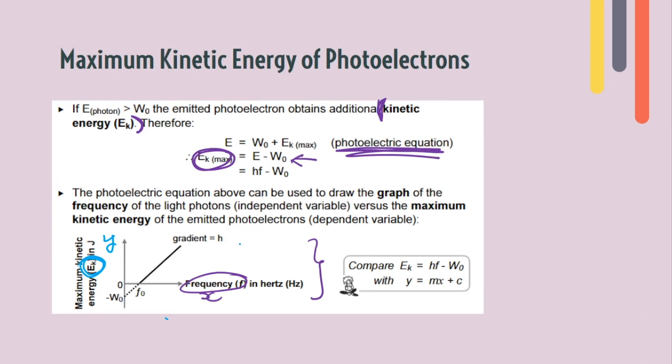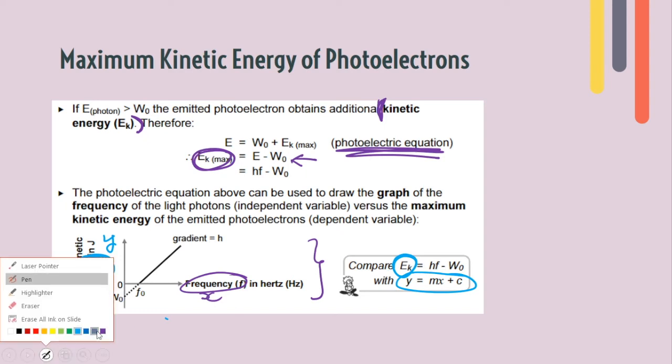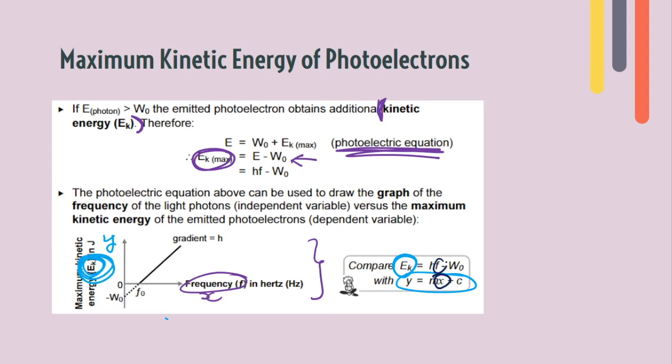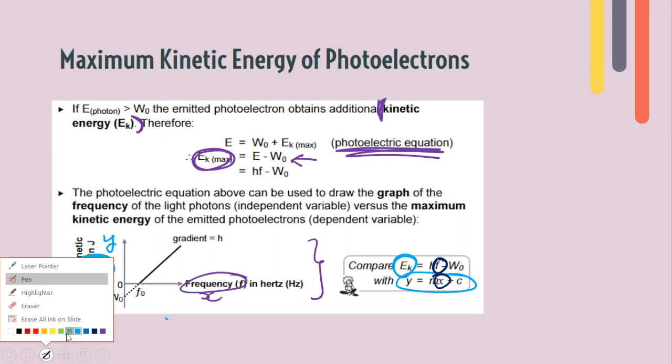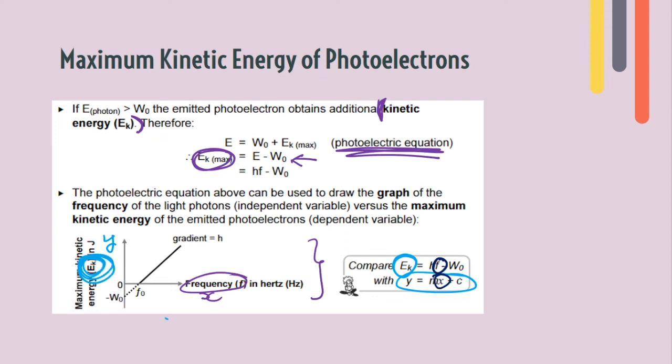That means that we can describe this graph with the standard equation for a straight line, which is y equals mx plus c. Our y value is the kinetic energy, and the x value is the frequency. Remember c is for your y-intercept.